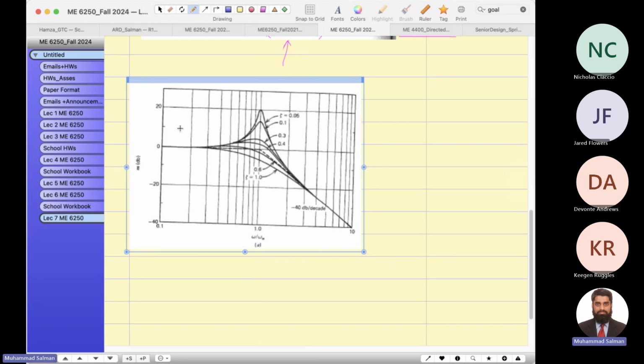So it starts from 0 dB, and 0 dB means a log of 1, which is 0, so 20 log of 1. Why is it 1?